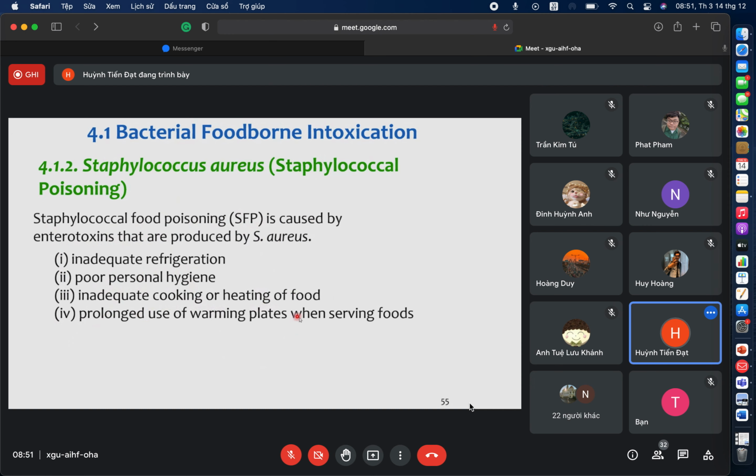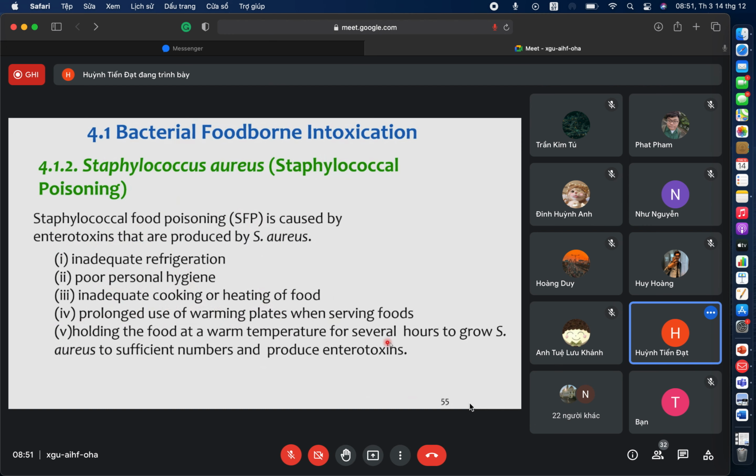Prolonged use of a warm plate when serving food, holding the food at one temperature for several hours, lets Staphylococcus aureus grow in sufficient number and generate toxin. In buffet restaurants, the warm food normally lasts quite long, a few hours. Just be careful: if the hygiene of the restaurant is not good, there can be a problem.